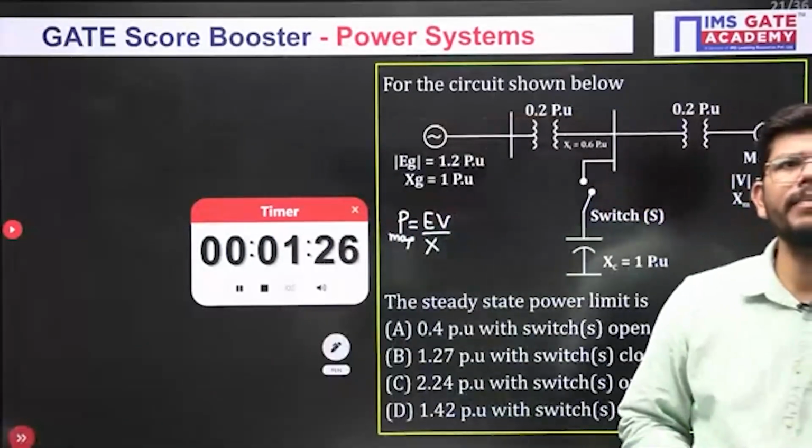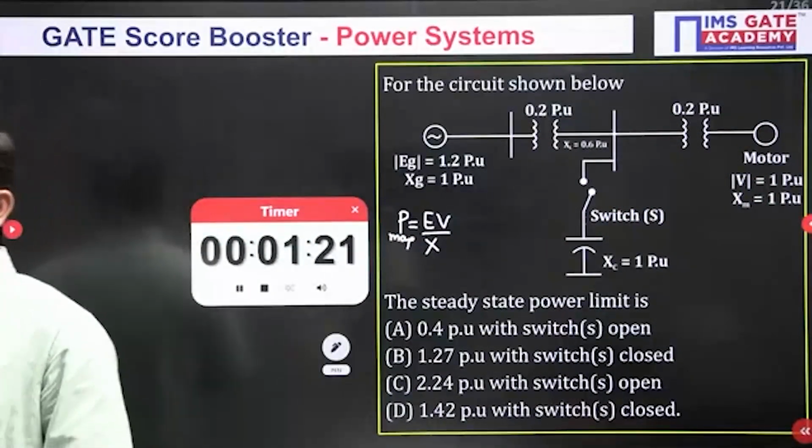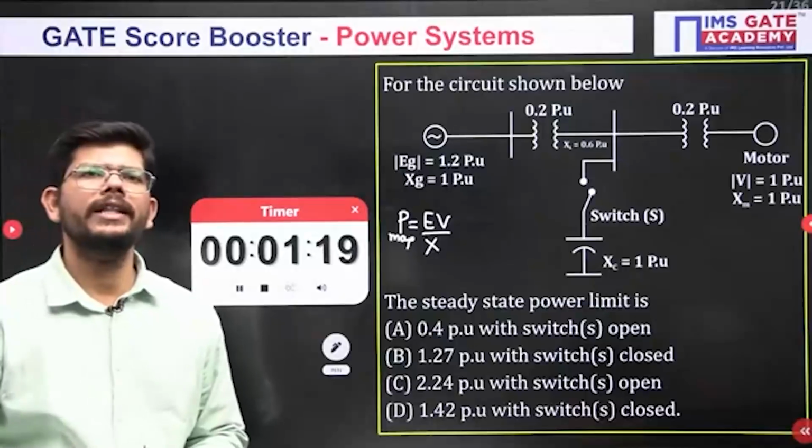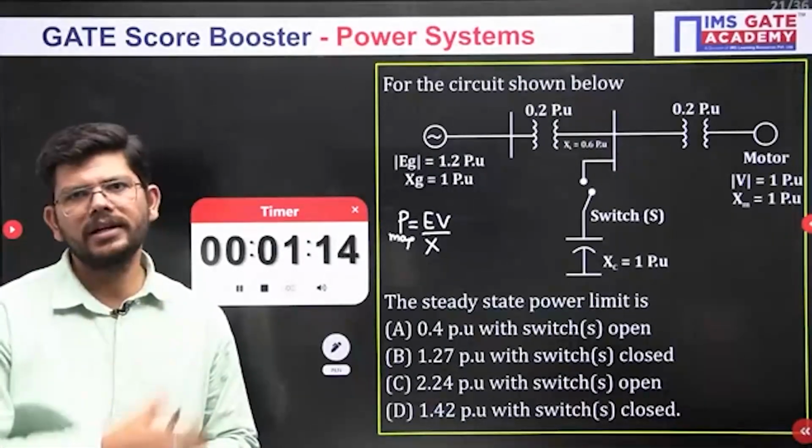You have to calculate this steady state power in both cases, when the switch is on and when the switch is off. Okay, I think the on case is very simple, and in the off case you have to think.